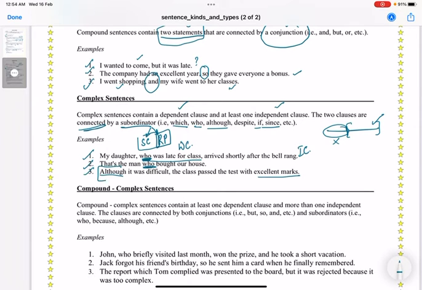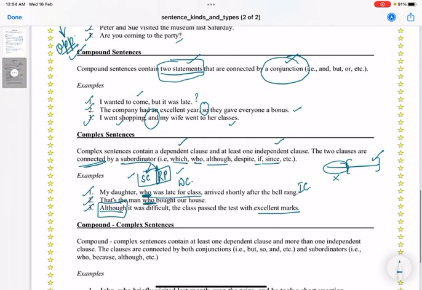Now, although is a subordinating conjunction over here, which is joining the independent clause and the dependent clause. So over here we have two options. We have an option of relative pronoun also and subordinating conjunction also. But whereas in the compound sentence, we can only use a conjunction. We can't use a relative pronoun.